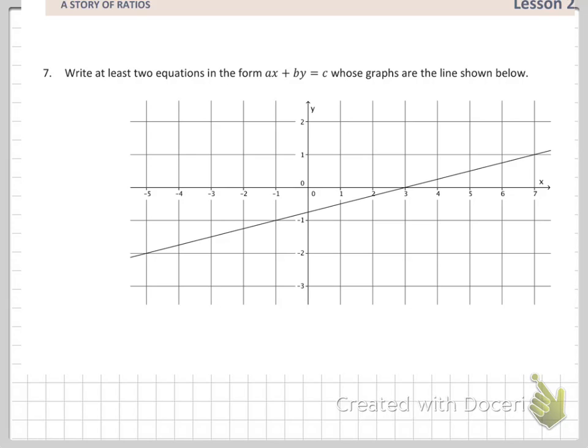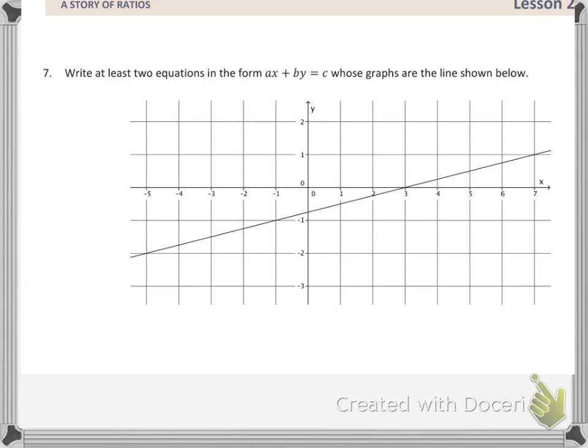Write at least two equations in the form ax plus by equals c whose graphs are the lines shown below. So you're going to get a little practice here writing the equation of the line like we did in the last lesson. So let's look, let's find some good points, and I find one here and here.